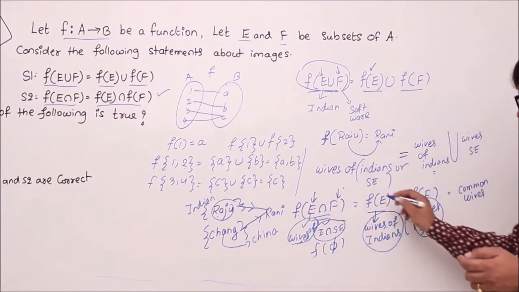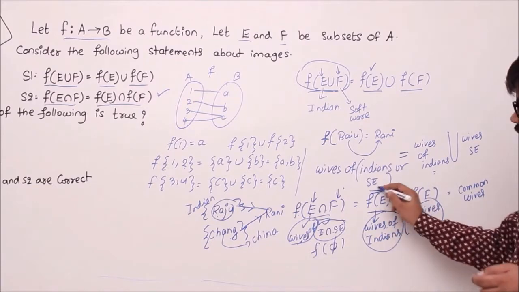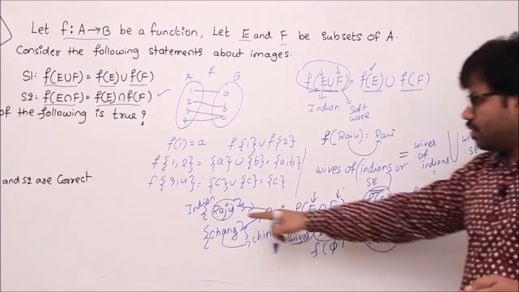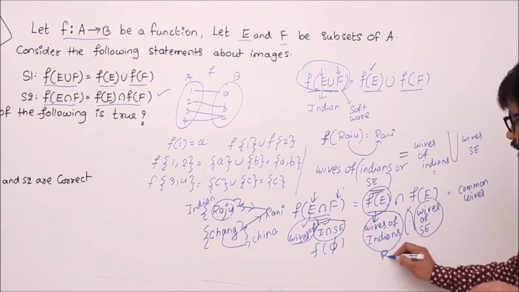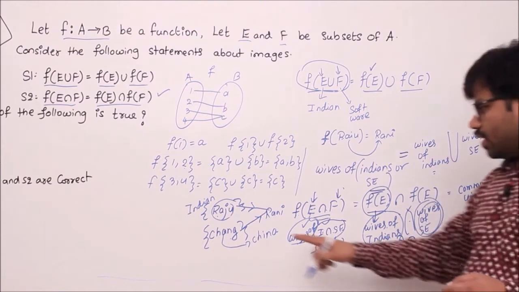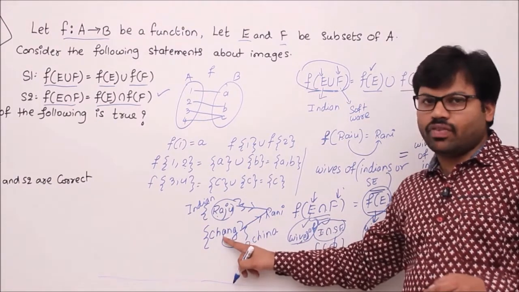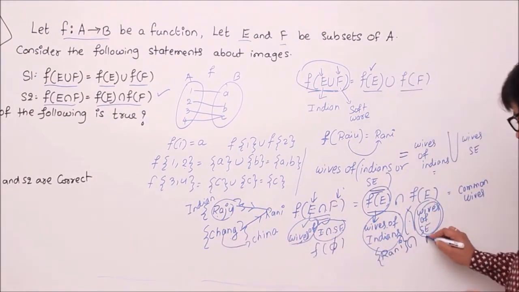But if you come to this side, f of E. So what is f of E? Wives of Indians. Since Raju is Indian, wives of Indians will become, in this example, Rani, isn't it? Intersection. So we got Rani. Wives of all the software engineers: in this example, there is only one software engineer who is Chang. The wife of Chang is Rani.